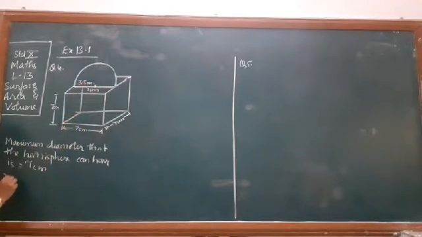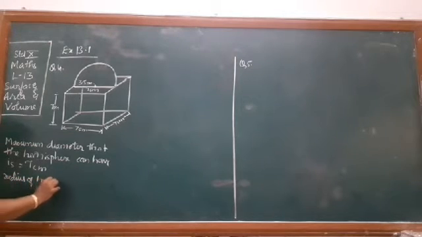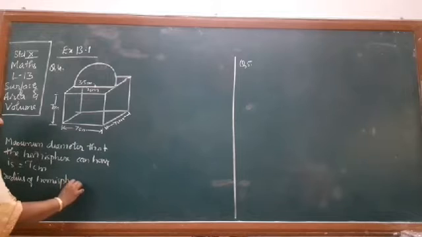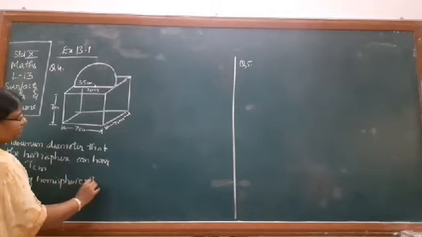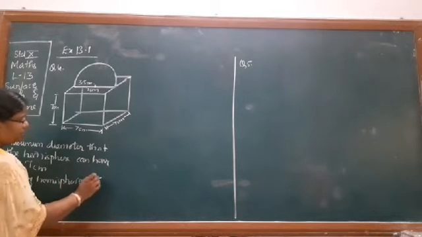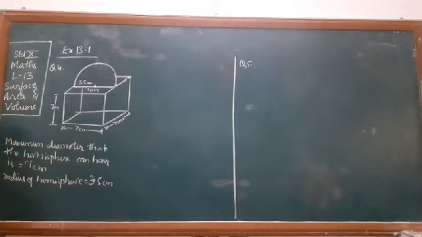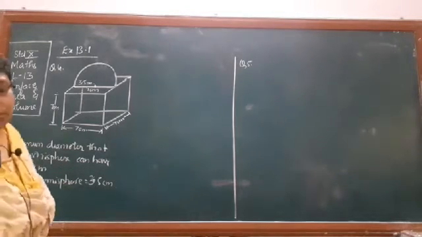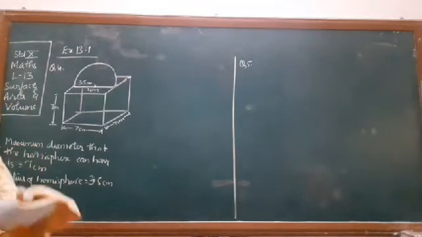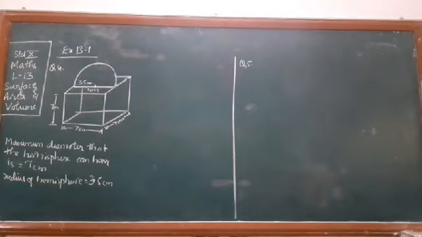So radius of hemisphere is equal to 3.5 centimeter. Clear? Then sides हमारे पास है. Now, you are asked to find the total surface area of this wooden figure. Total surface area of the solid it is asked.